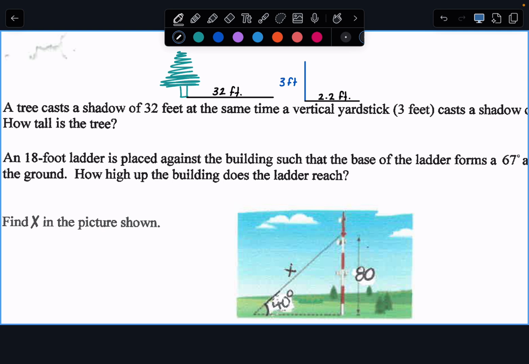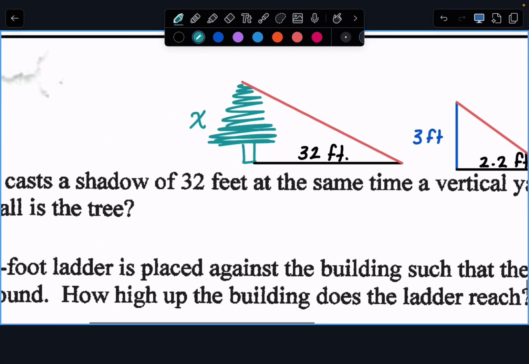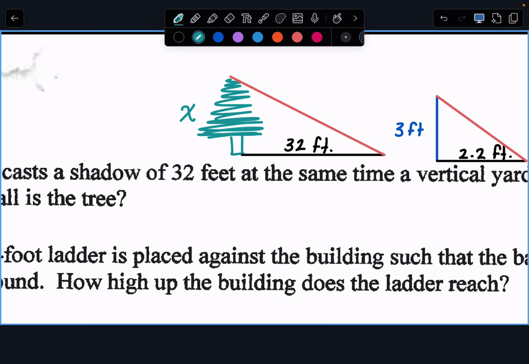Anytime I give you a word problem, just draw a picture. It's going to help you out. We want to know how tall the tree is, so we use the property of proportions from algebra.